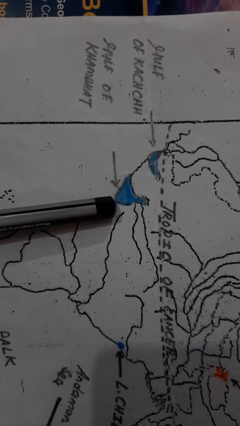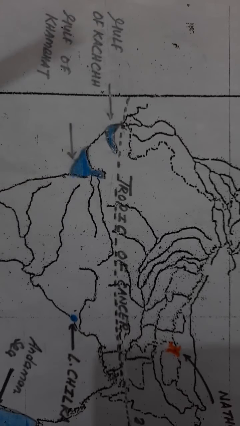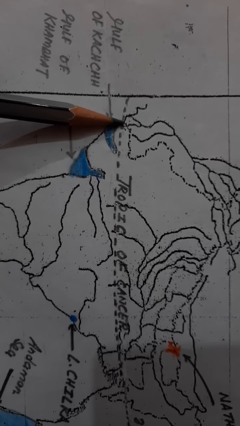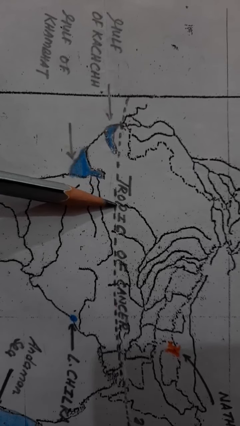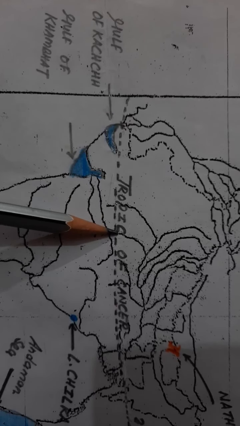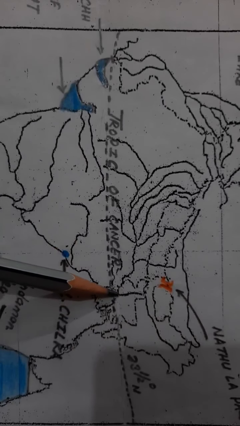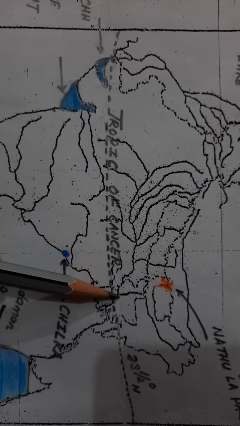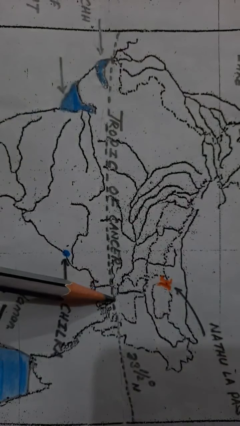Then the Tropic of Cancer. You remember the India-Pakistan boundary; here you can mark the first dot. Then the source of the Chambal river, another mark, and another point you can mark at the Betwa source. Then the 4th point you can mark below the confluence of the Ganga and the Brahmaputra, here in Bangladesh.